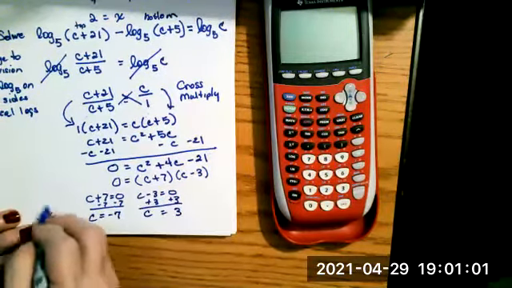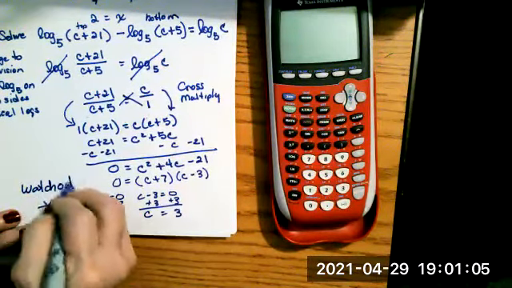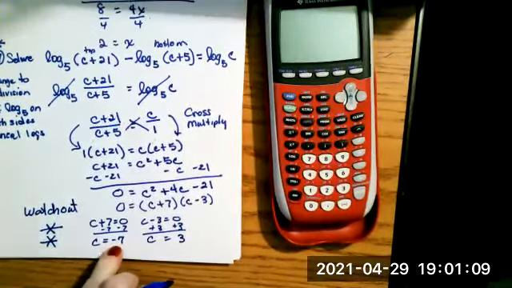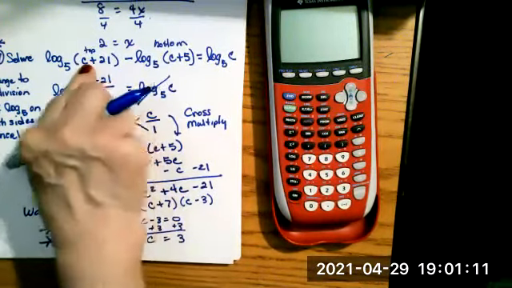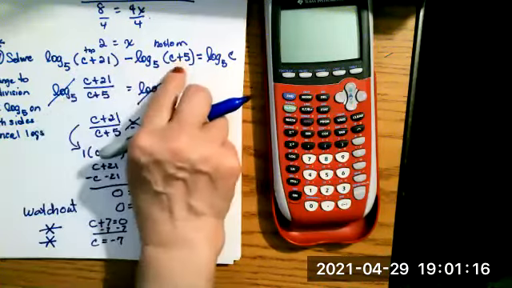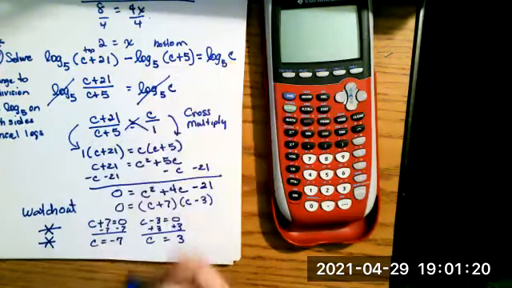And this one right here is where you really have to watch out. You can't have a negative log number. So if I put this negative 7 into this one, I'm okay because it's positive. But if I put the negative 7 into this one or this one, I get a negative log number.